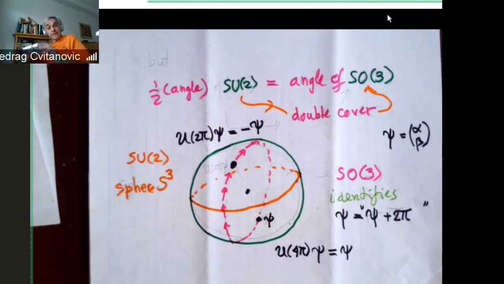But if I turn it by 4 pi and do this, there is no knot. So that's one hint from our Euclidean world that there is something funny going on in how we think of rotations.